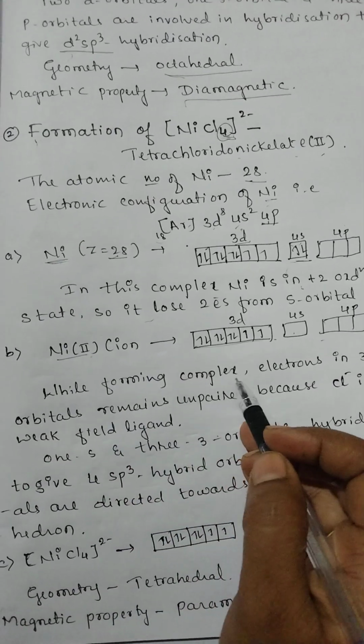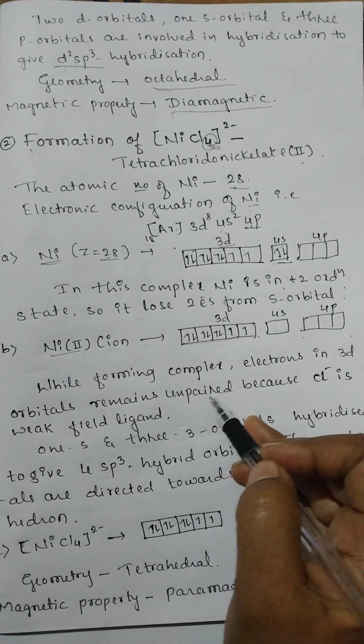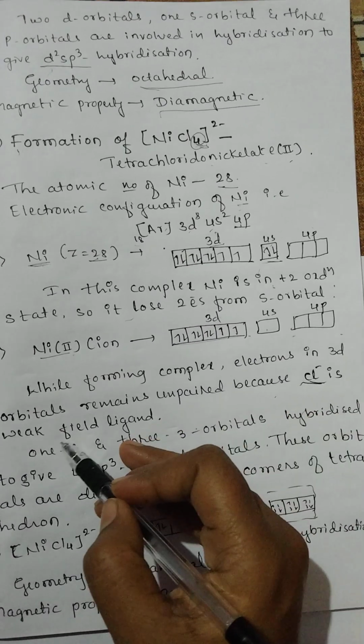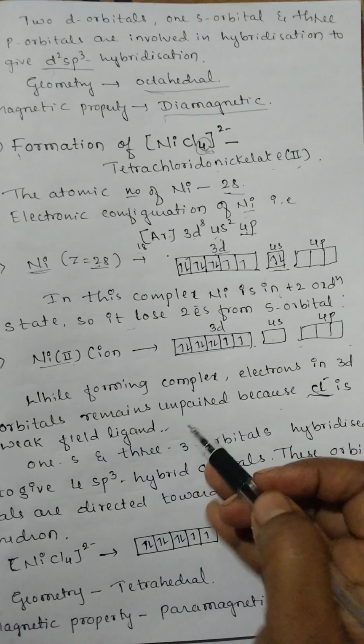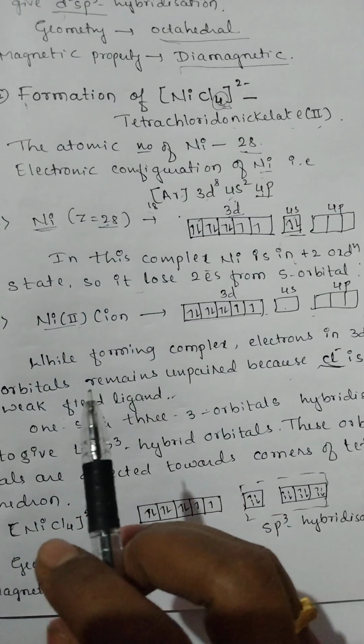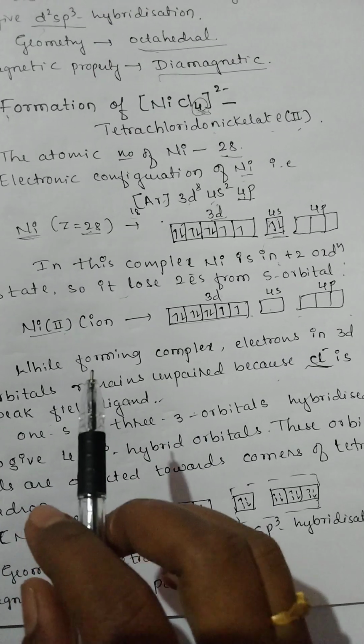While forming a complex, the electrons in the 3d orbitals remain unpaired because chloride is a weak field ligand. In the previous example, it had the cyanide ligand, which is a strong field ligand.